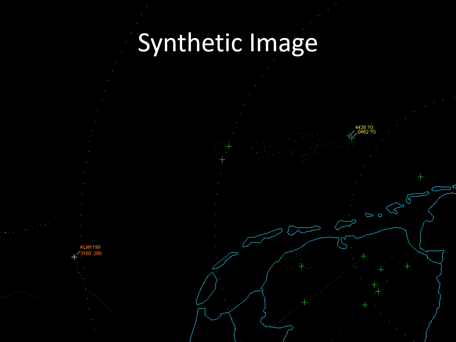The additional information, altitude, identifier, airline, time, is displayed in an alphanumeric block next to the target symbol. For example, the target sign on the left side of the screen: KLM 1199, an aircraft of Royal Dutch Airlines, identifier 3160, altitude 28,000 feet.